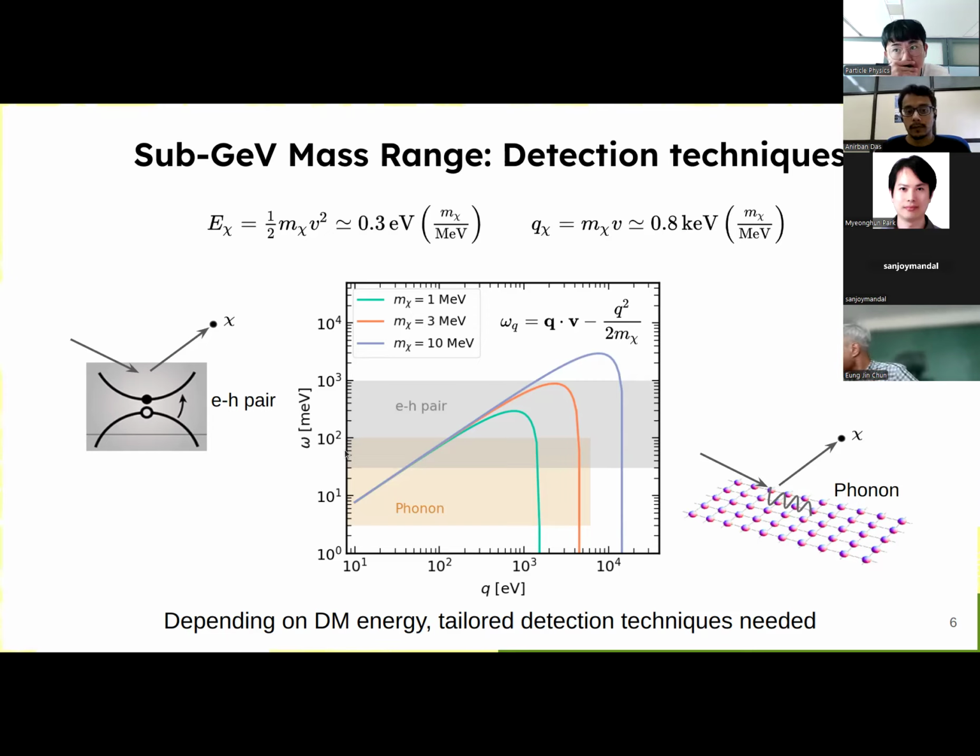Semiconductors, for example, have an energy band gap, the gap between the valence band and the conduction band, in the range of 100 millielectron volt to eV scale. So these are two of the most famous collective excitations in low energy systems that people are right now using to do experiments to look for sub-GeV dark matter.